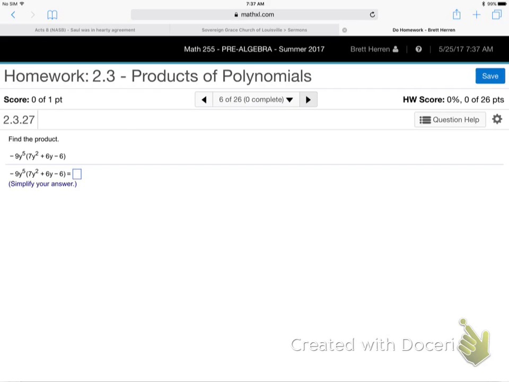Okay. So minus 9y to the 5th, times 7y squared plus 6y minus 6. So take that minus 9y to the 5th and distribute through there.